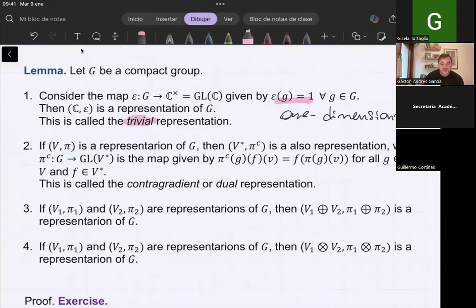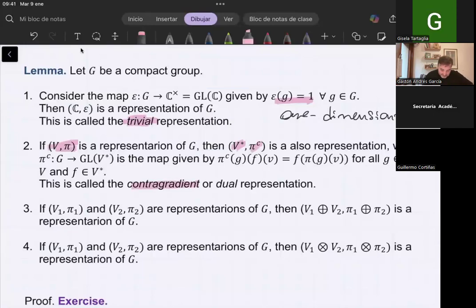Another representation that one has is, if you give me a representation of the group, we can consider the dual representation, which is given on the dual space of the vector space. This is called the contragredient representation or dual. It depends on who is talking whether they call it contragredient or dual.